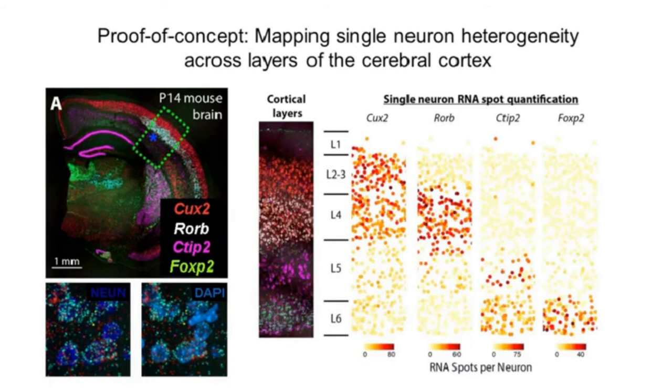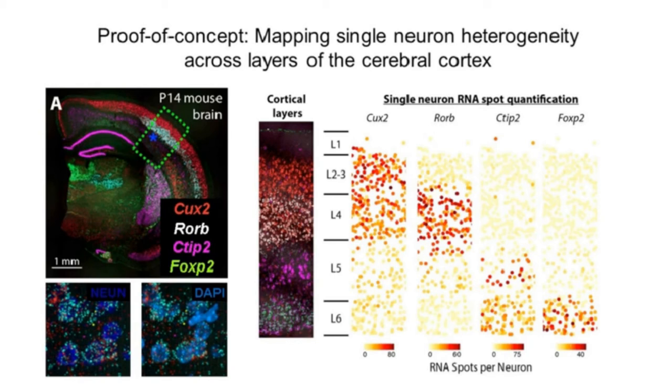So what you're looking at on the right is now a slice of the somatosensory cortex, the area that is marked by a dashed line box on the left. On the slice of the cortex, qualitatively, you can see that the expression patterns of these 4 genes indicate 4 different layers. The diagrams on the right side now show single neuron level quantification of this data.